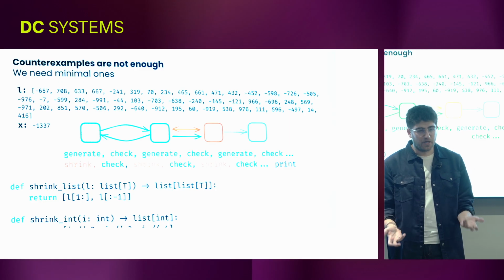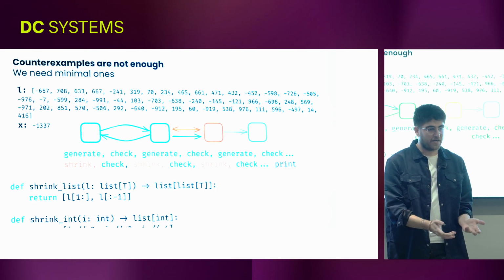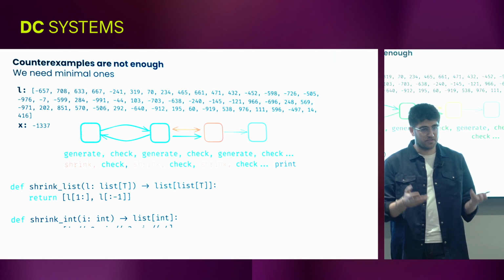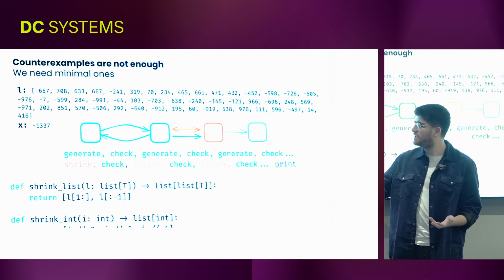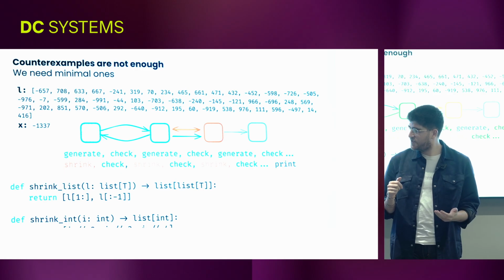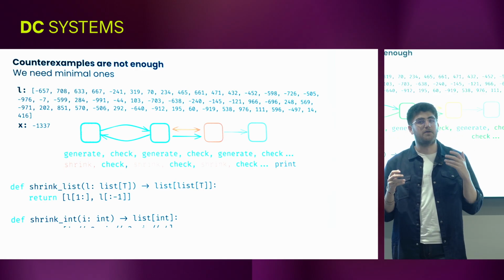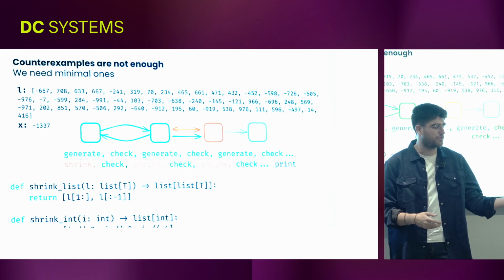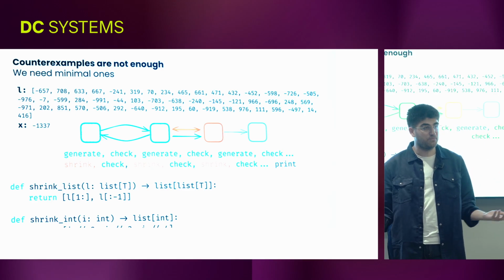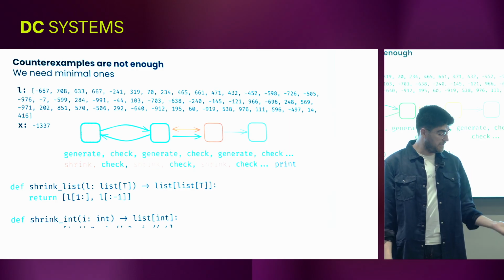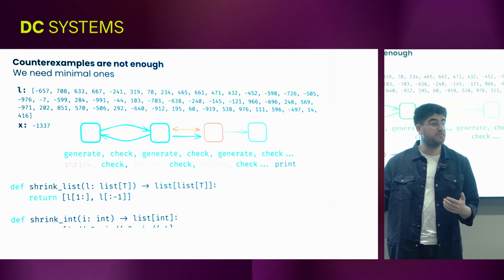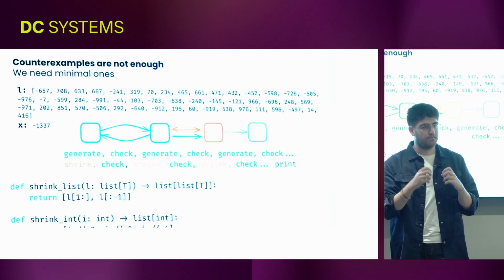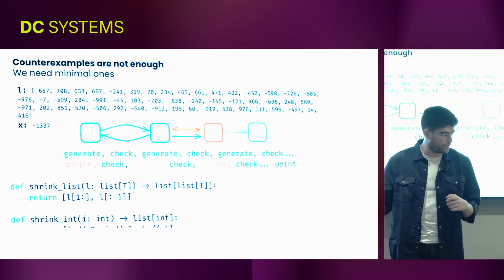And the shrinker's property is that all of those items that it generates are smaller than the original item. So here you see that for a list shrinker, we are producing two smaller lists. In the first list, we remove the first item. In the second list, we remove the last item. And in the second example, we are shrinking an integer by making it closer to 0, by just dividing it by 2, 3, or 4.